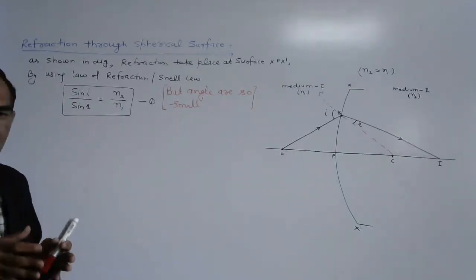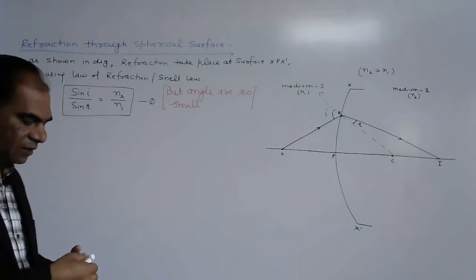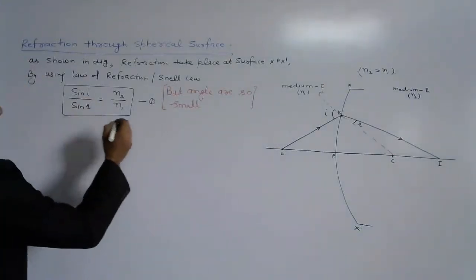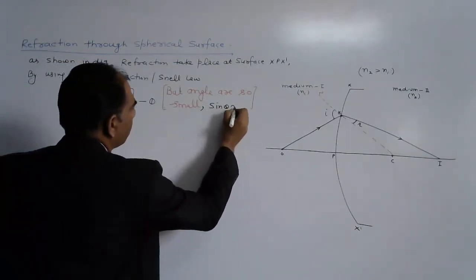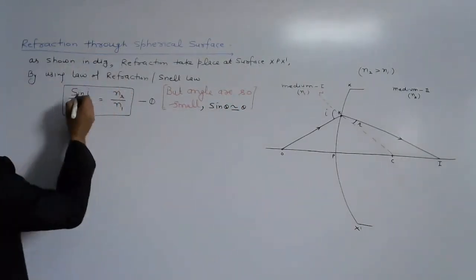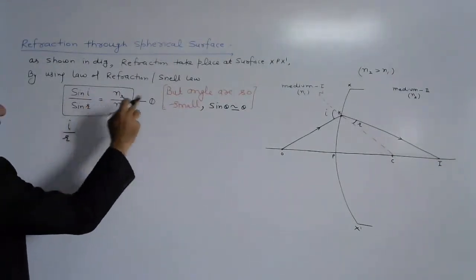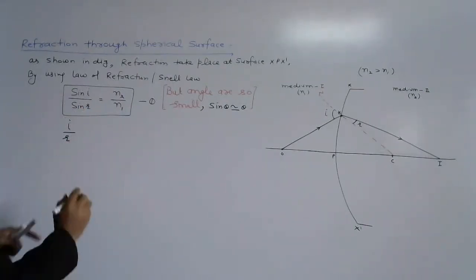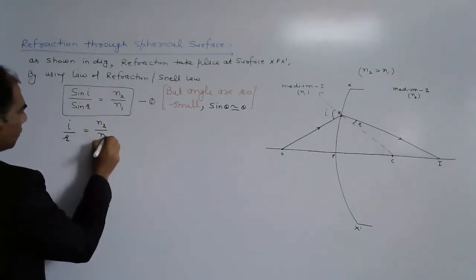So if the angles are very small, then sine of the angle is equivalent to the angle. Then we write sine i, since the angles are very small, sine theta approaches theta. So we write i upon r. Sine i becomes i and sine r becomes r, so i upon r is equal to n2 upon n1.